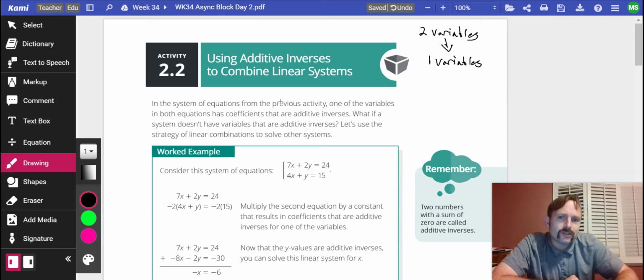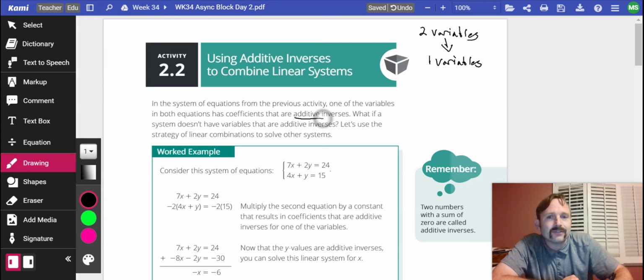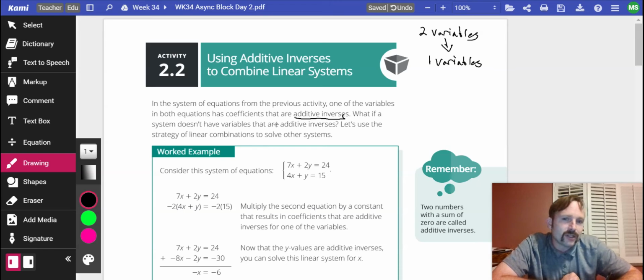In the system of equations from the previous activity, one of the variables in both equations have coefficients that are additive inverses. What if a system doesn't have variables that are additive inverses? Let's use the strategy of linear combinations to solve other systems.